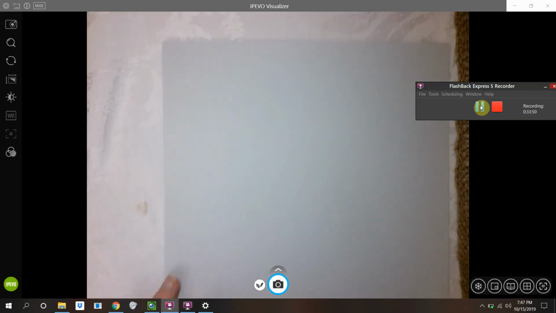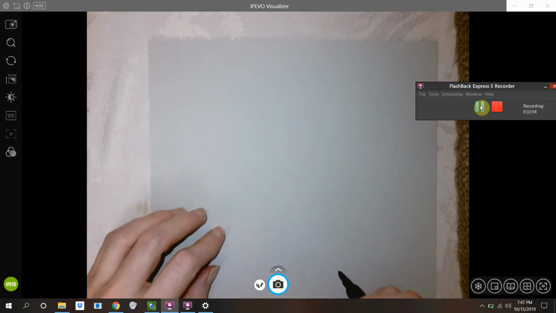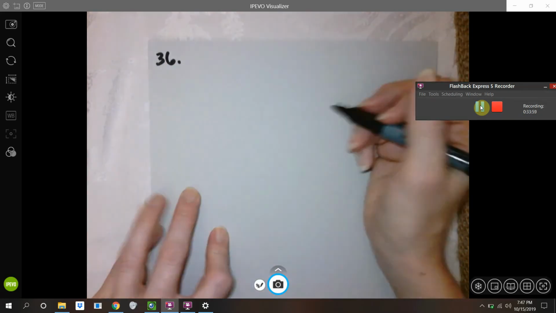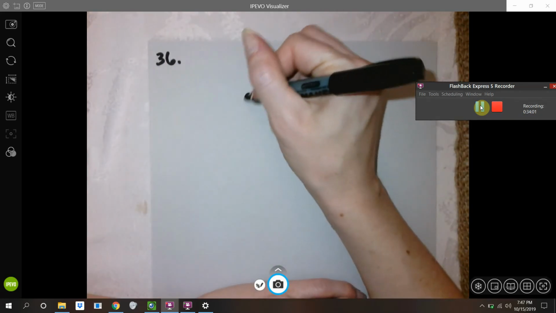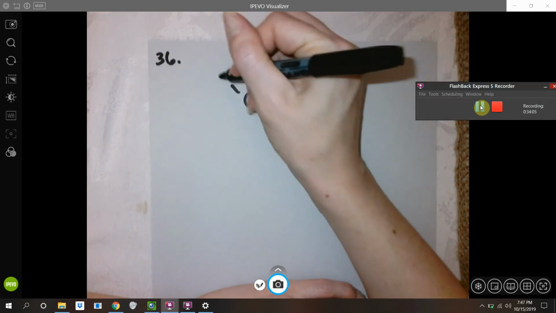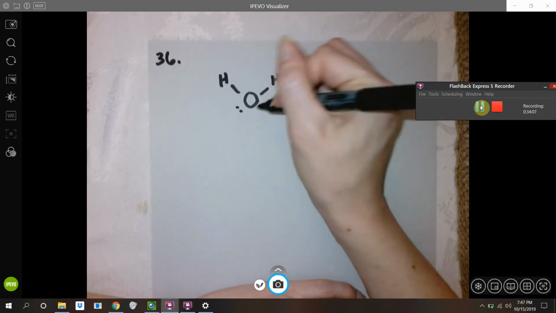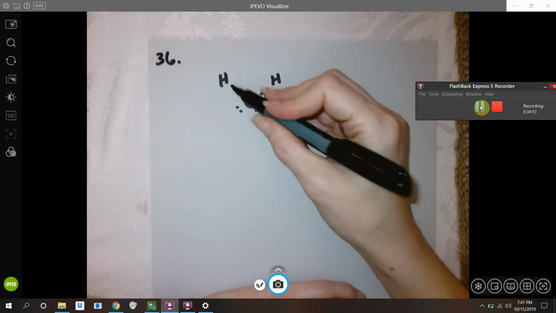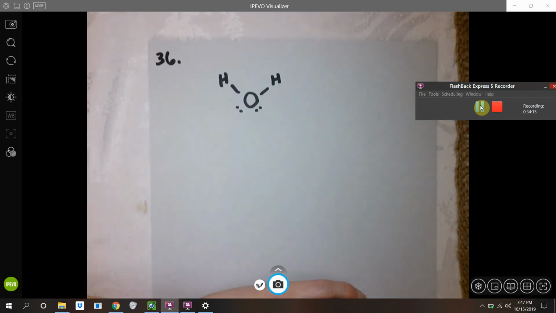36 says, using water as an example, distinguish between intramolecular and intermolecular forces. So here is water. There's a Lewis structure for water. It's that bent shape. Oxygen is bound to hydrogens, and then it has those extra electrons around it.